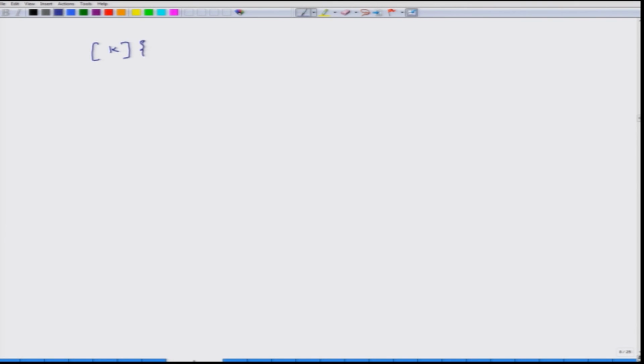K times U equals an F vector plus there is another vector, the Q vector. Elements of this matrix are calculated by a surface integral. Elements of this vector are calculated by a surface integral. So, we have learned how to compute surface integrals.